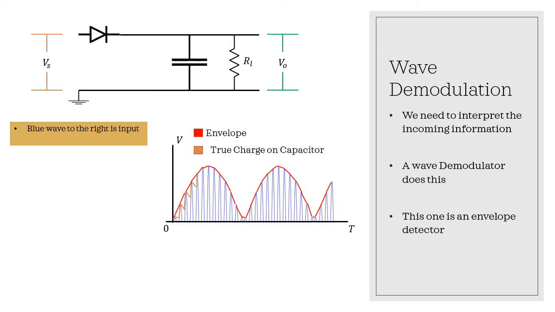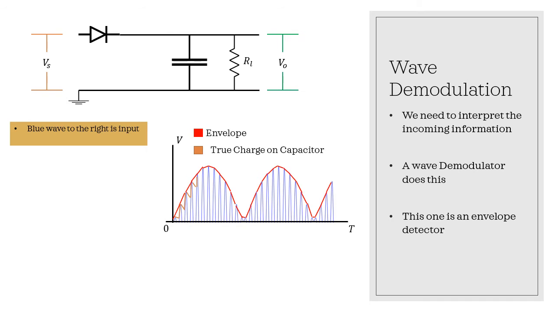And then the little brown lines represent the actual charge on the capacitor, which is important because remember the capacitor and the resistor are in parallel with each other, and we're taking our output across both of those. So if we have a voltage across the capacitor, that is equivalent to our output voltage. So we need to know what's going on with the capacitor. And remember that capacitors take time to charge and discharge based on their time constant.